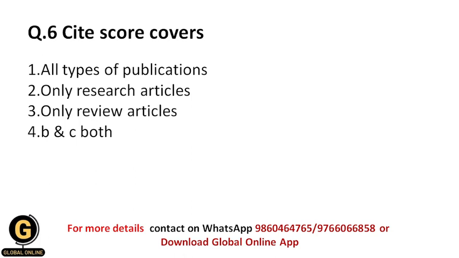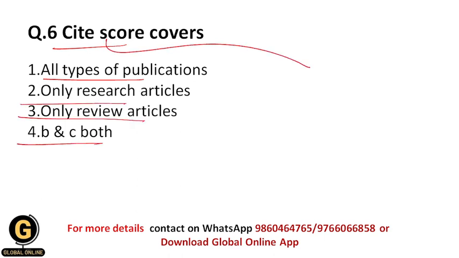Next, CiteScore covers. Now what does CiteScore cover? All types of publications, only research articles, only review articles, or B and C both. So students, CiteScore is again a journal metric, and as I have told you in the definition of CiteScore, it is going to track the citations of the preceding 3 years including the current year.